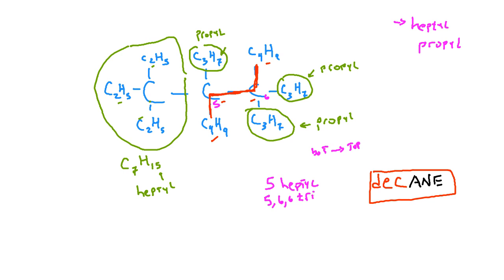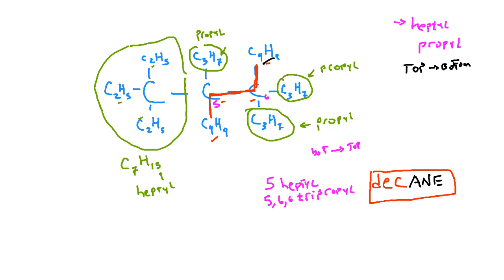Tripropyl. Okay. Now let me do a different color. I'll do black. Let's do from top to bottom. Let's see what the numbering gives us. Okay, this would be carbon 4. So this would be carbon 5. This would be carbon 6.